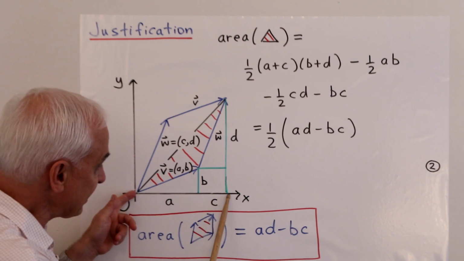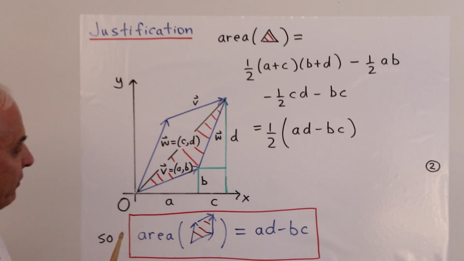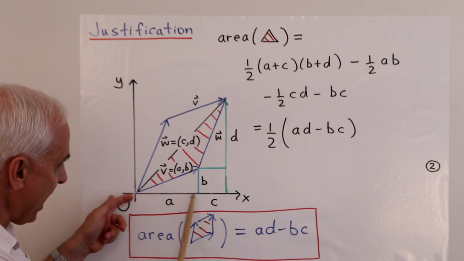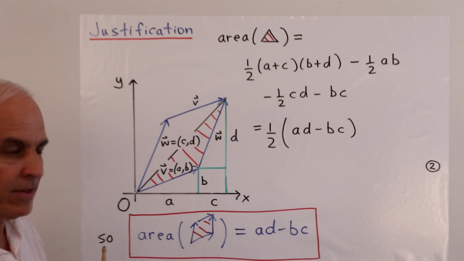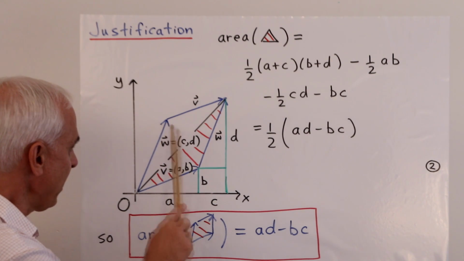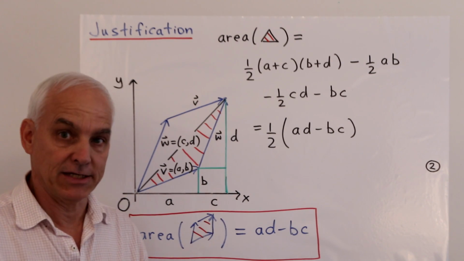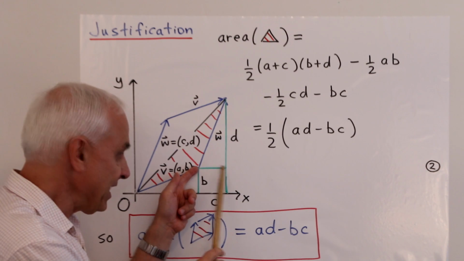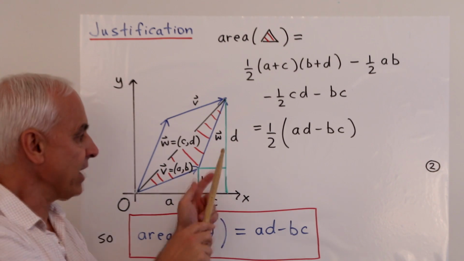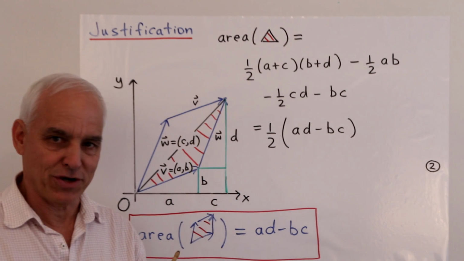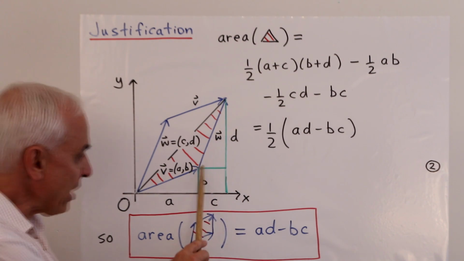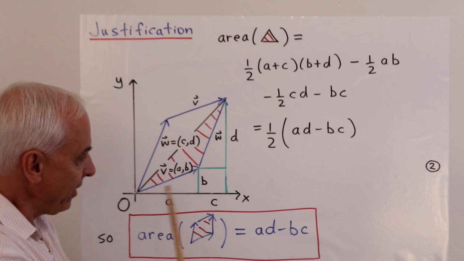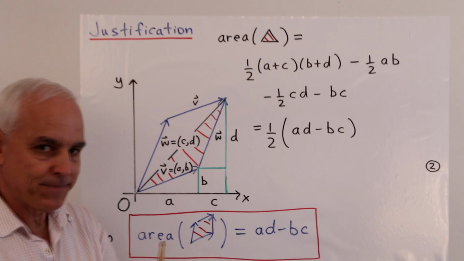So the area of the big triangle is 1/2 the base times the height, and let's have a look at what that is. If this is the vector (a, b), then that's a and that's b. And if this is the vector (c, d), then this is also the vector (c, d). It means that we're going over c in the x direction and d in the y direction. So this dimension is c, and so is that one, and this dimension is d.